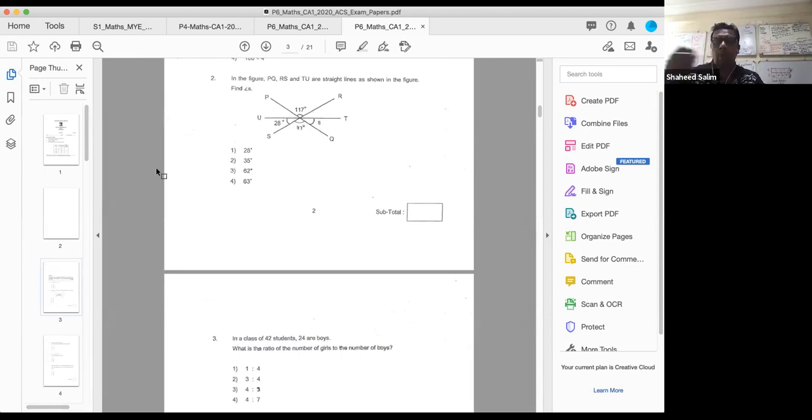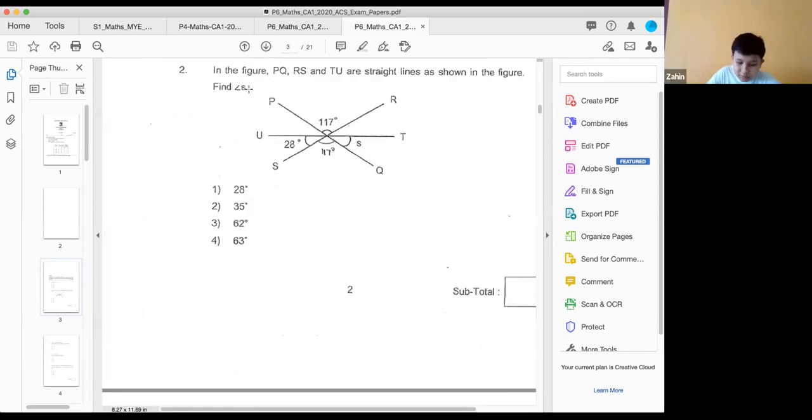Number 3, can you see? Okay, Ilhan, come. Question number 3 is 3:4.